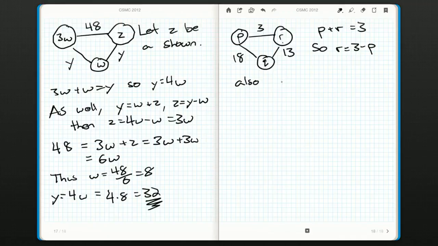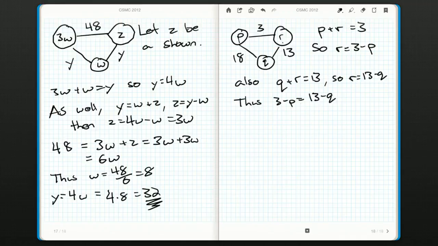But we also know that Q plus R is equal to 13, so R is 13 minus Q. So we know that 3 minus P is going to be equal to 13 minus Q.